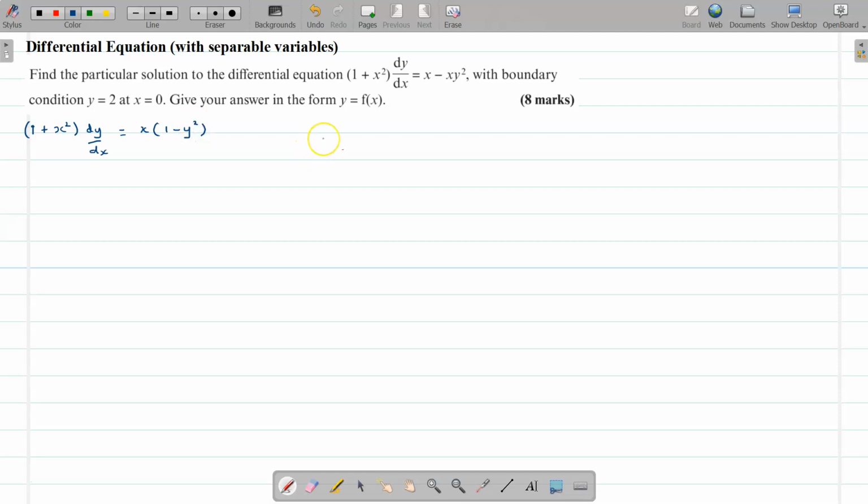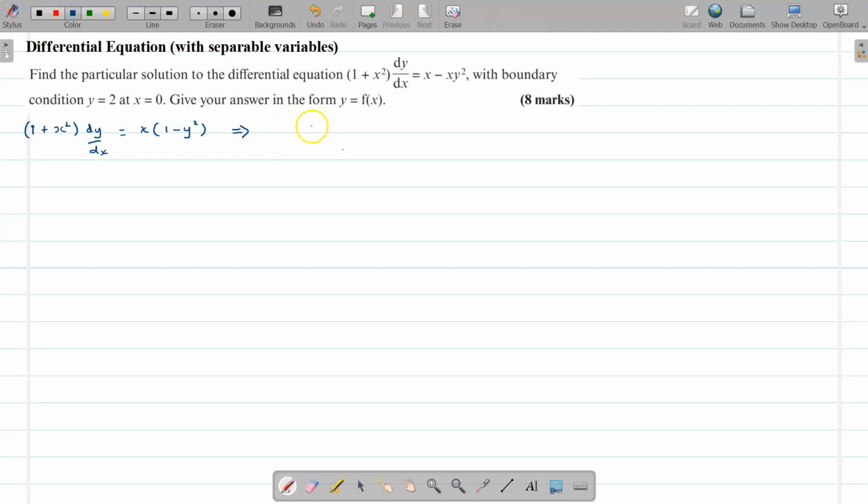Now what I need to do is move the x terms to the right, the y terms to the left, and separate the dy and the dx. So the next step from there, if you're careful, you should be able to do that in one go.